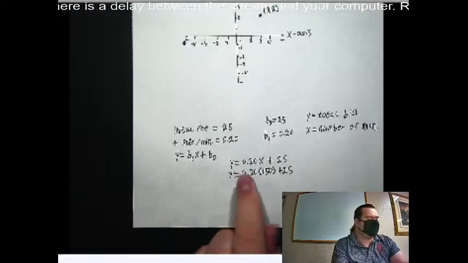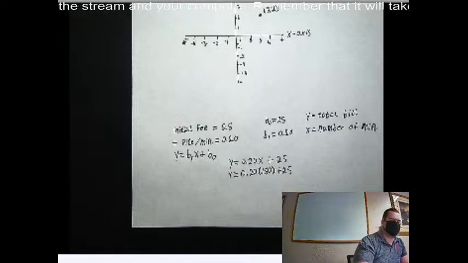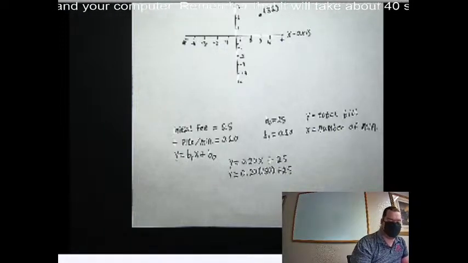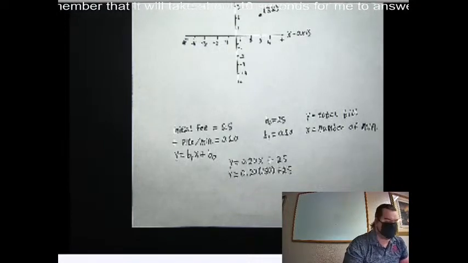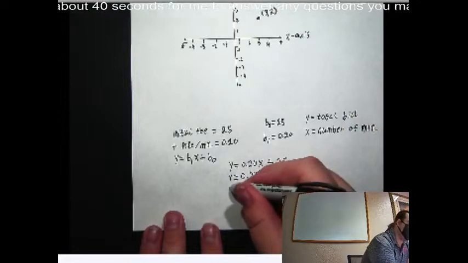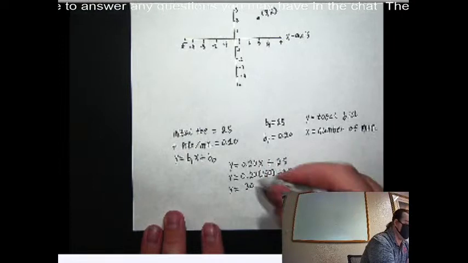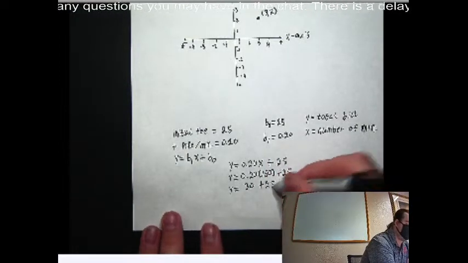I do see multiply though. We've got 0.2 times 150. So let's go ahead and figure what that is. 0.2 times 150 is 30. So now we have y equals 30 plus 25.